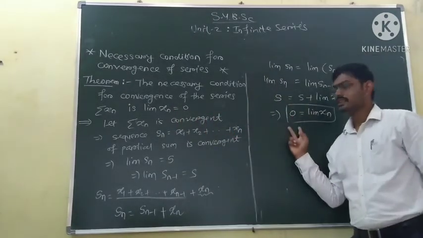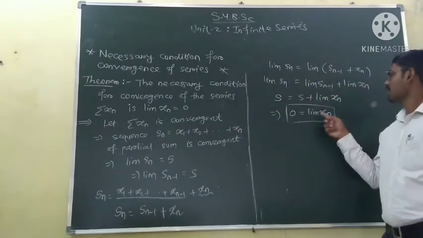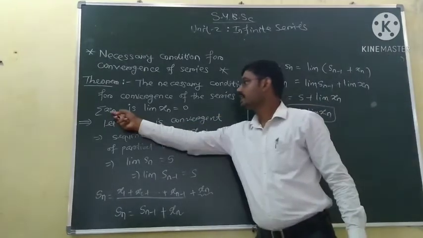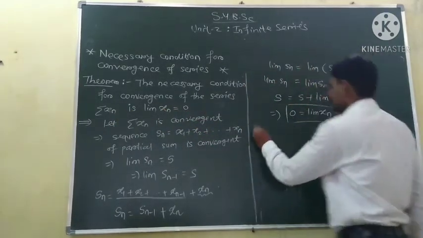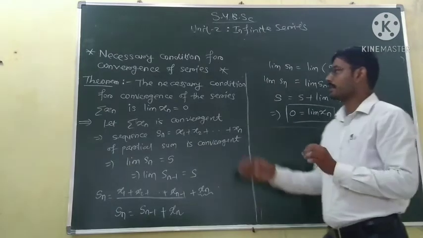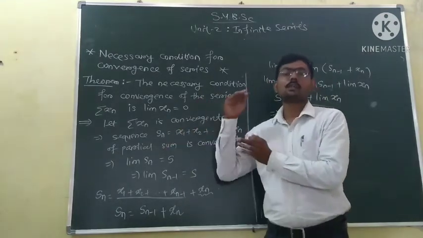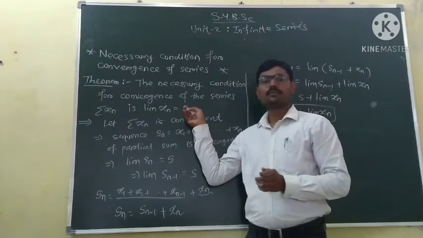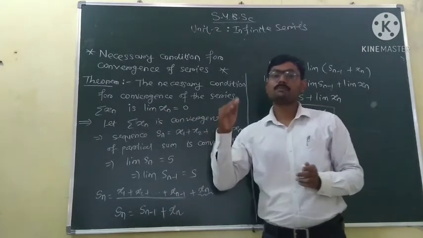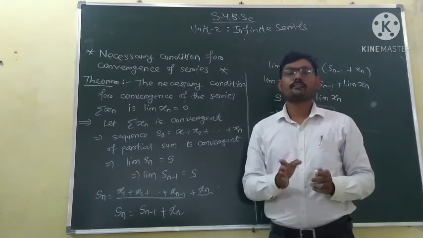So the necessary condition for the series to be convergent is that the limit of the nth term of the series must be equal to 0. This is the proof. But the theorem says this is just a necessary condition and not sufficient. This means if the limit of the sequence is 0, then the series may be convergent, but it does not give a guarantee.